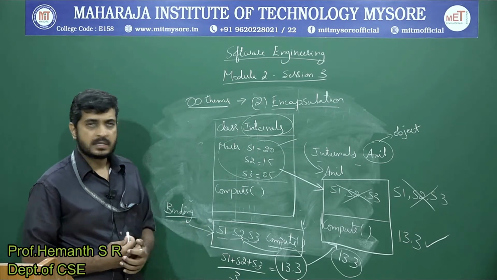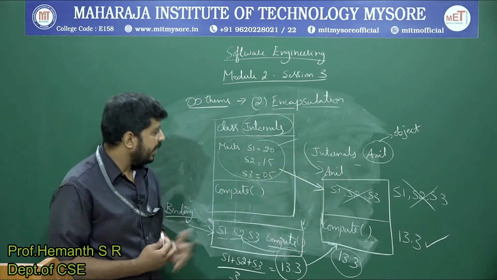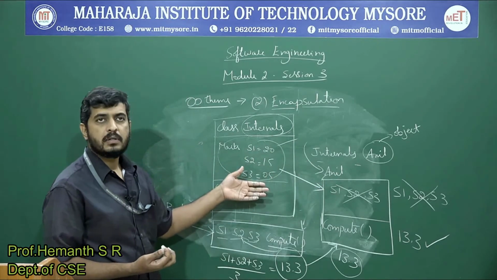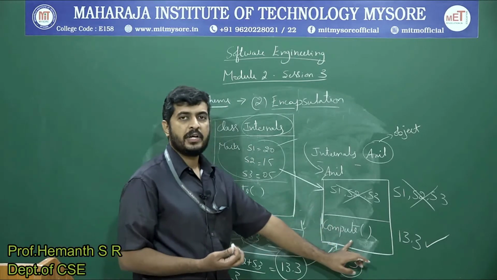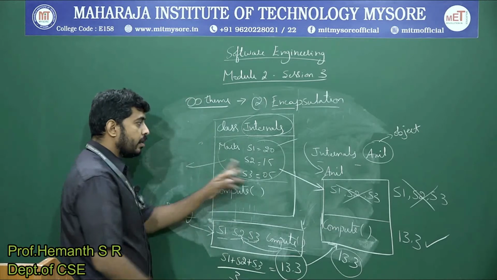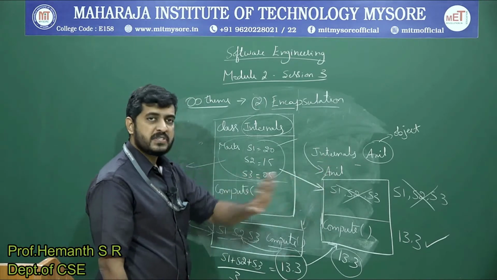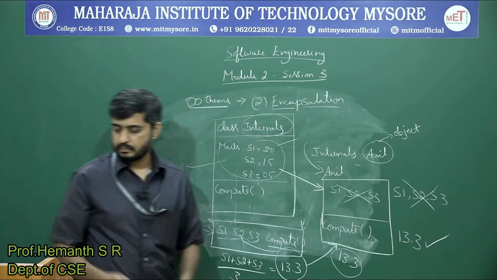The bottom line here is an object of a class need not access the data members, but still it can do the required computations. Ultimately we are making our data secure from the objects belonging to that specific class.